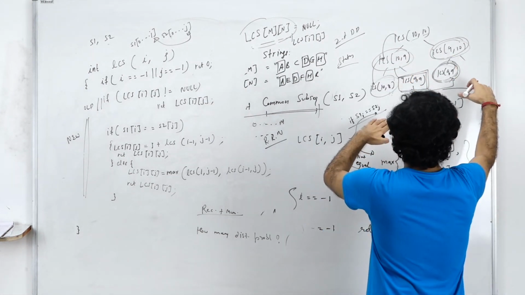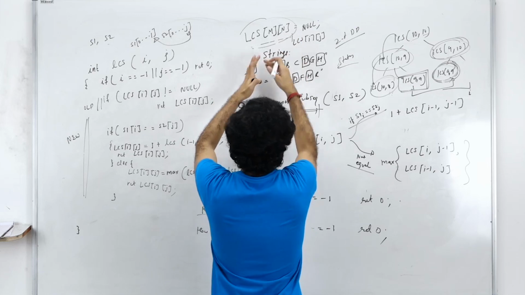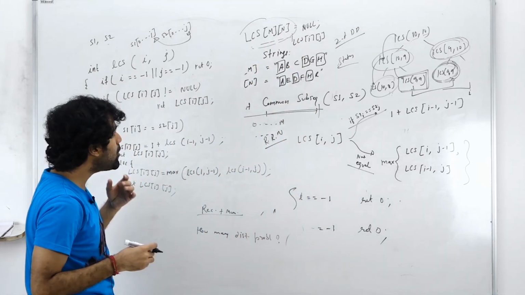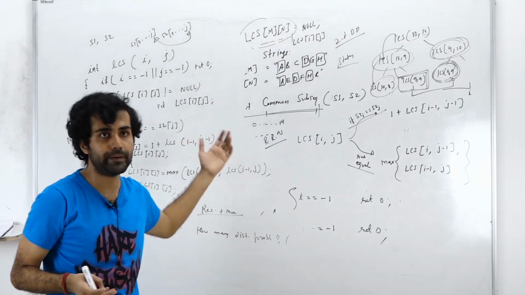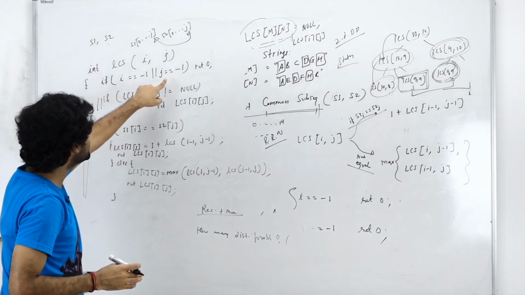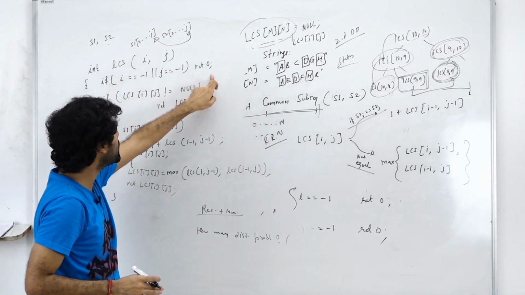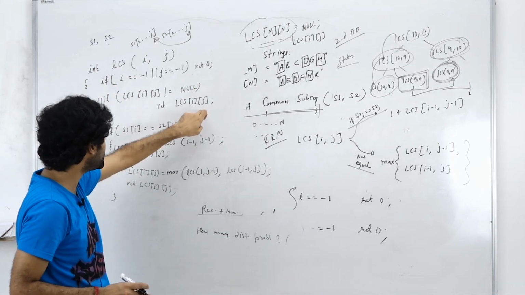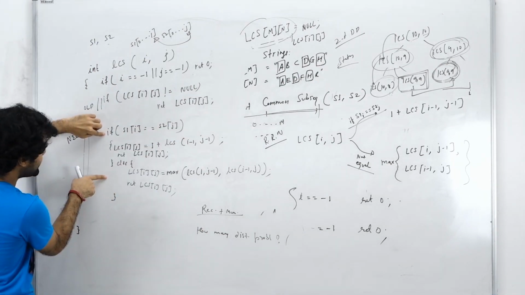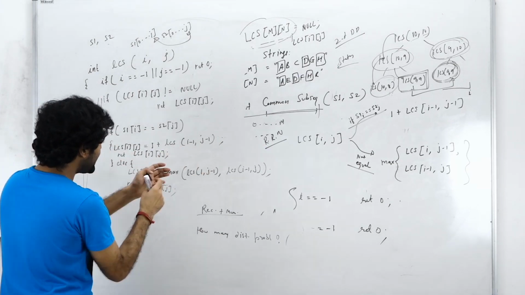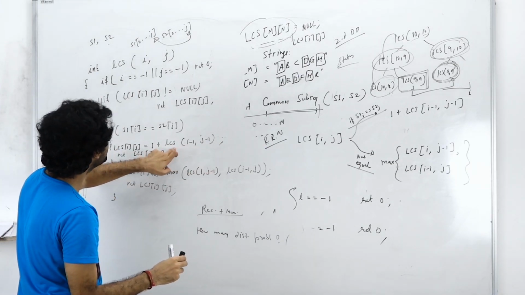Here there are repetitions, so I can say that m into n will be the number of distinct problems that I am solving. And how much time am I taking to solve a particular problem? That I can infer from here. For these cases where the thing was already solved, I return it in order 1. And even for this and this case, I am calling this and this, but the time taken by those calls will not be included in the time taken by this.